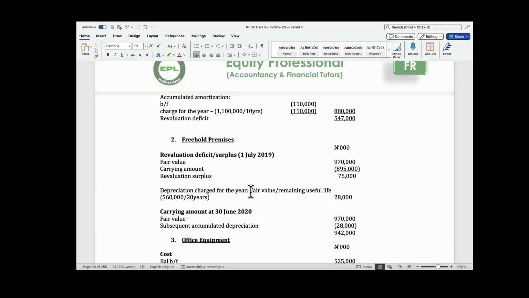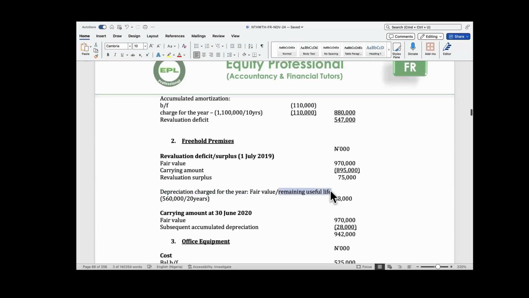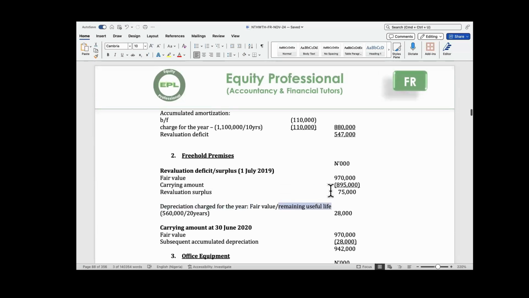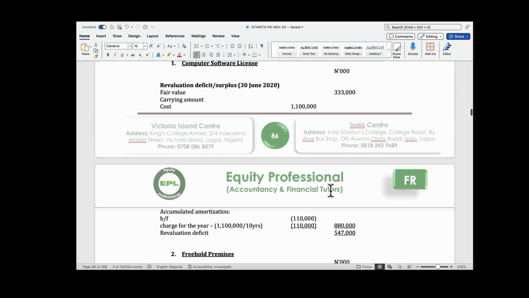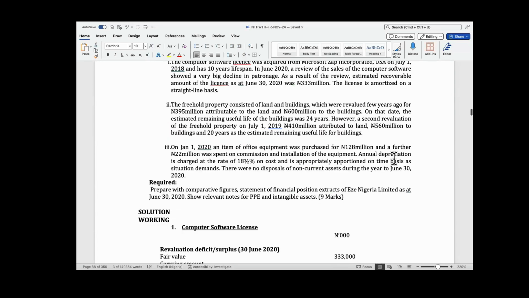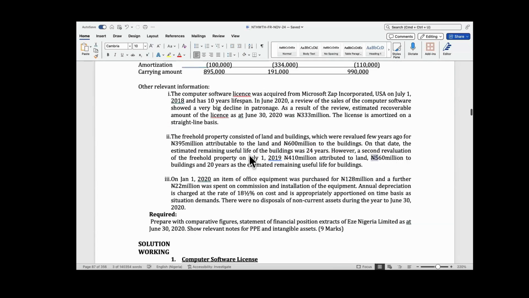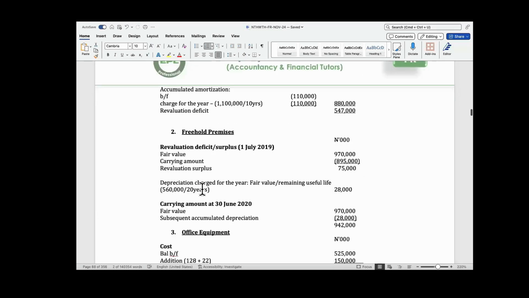So it will just be the fair value of the building at the beginning, over the remaining useful life. If I check back the question, the fair value of the building at the beginning given was 560 million, and it told me that the remaining useful life is 20 years. So I simply do 560 divided by 20, which gives me 28. So I have my depreciation.